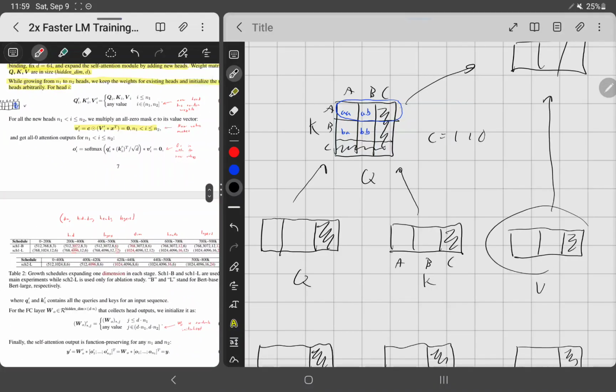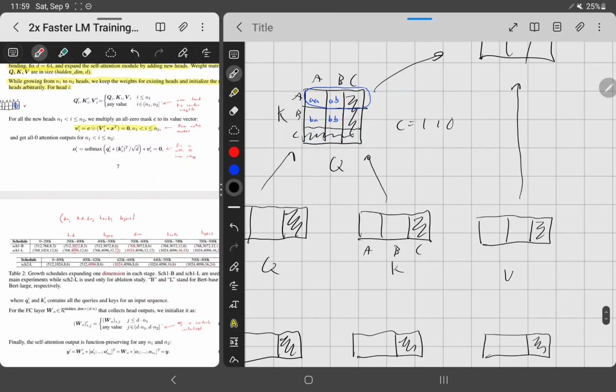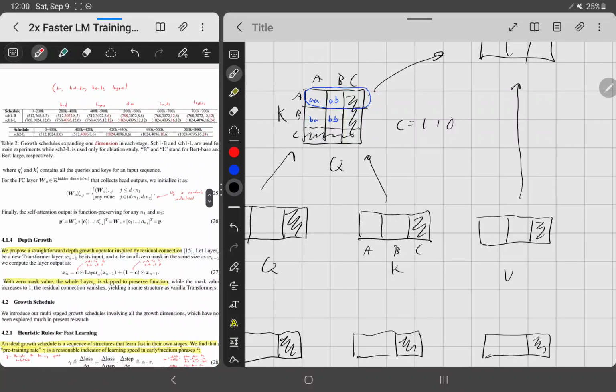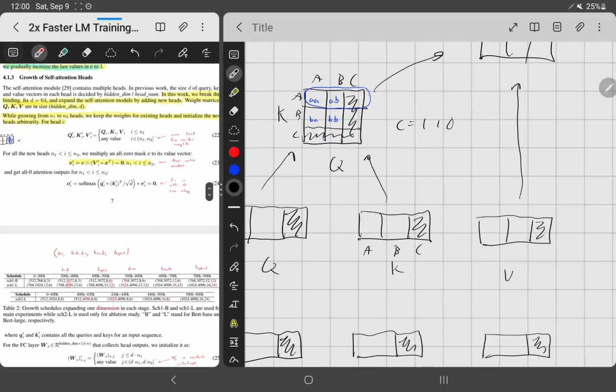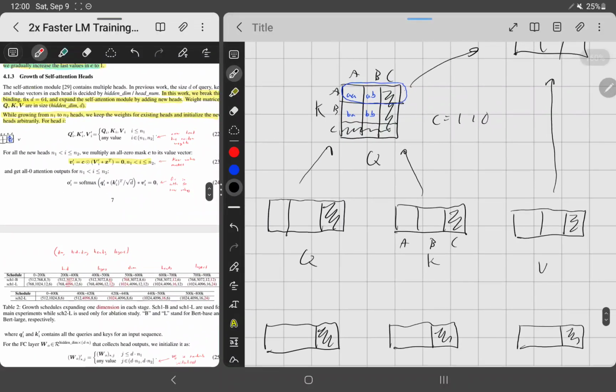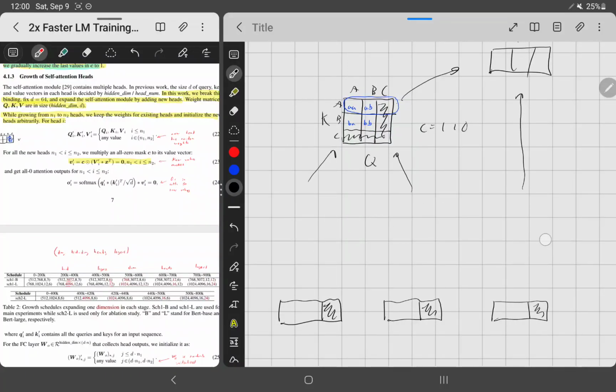And they also mask the values, because the values are a linear combination, so you have to make sure that the last part here is still masked. Yeah, so that's how you would mask your self-attention. If you want to just mask a head, on the other hand, let me do that.